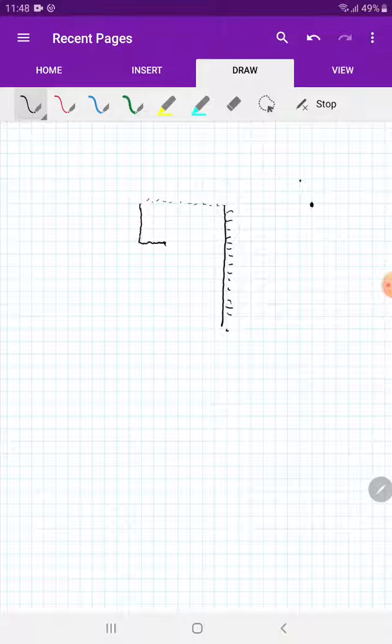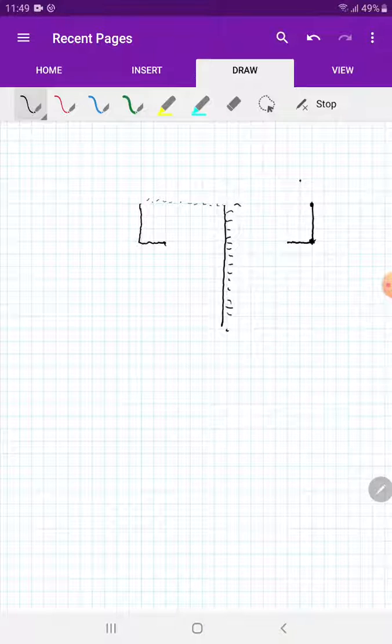I do the same with this point. That will be here, and then the other part of the L. And here is the rest of the figure. So our virtual image looks like that.